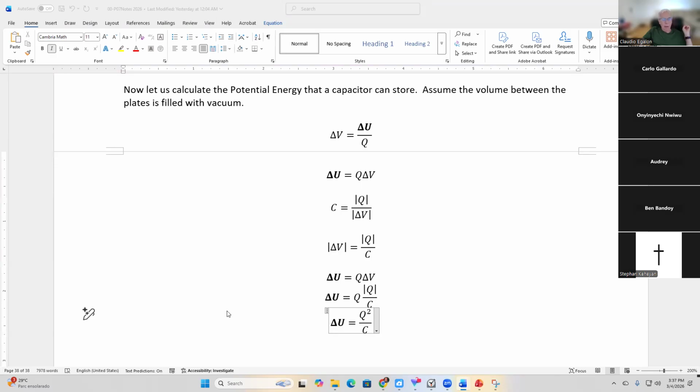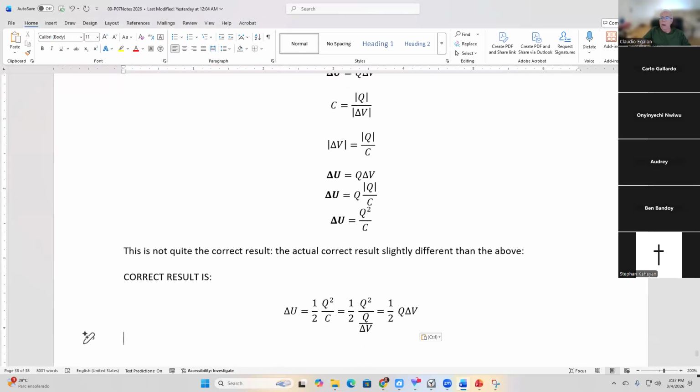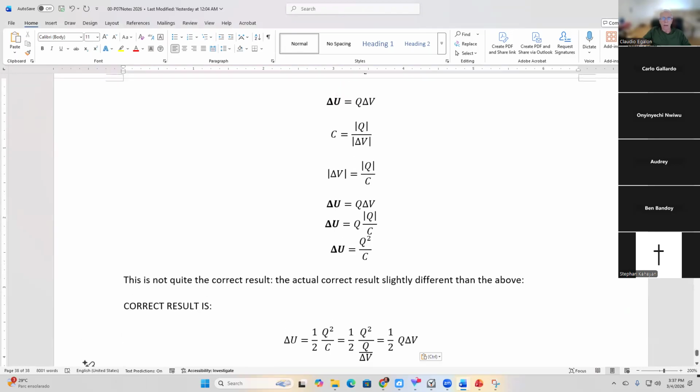The actual correct result is going to be half of this value, half of Q squared over C. I'm not going to struggle with that, but just remember, this derivation is not quite correct, though it reaches a similar result that depends only on the half. The correct result is half of what you see right in there.